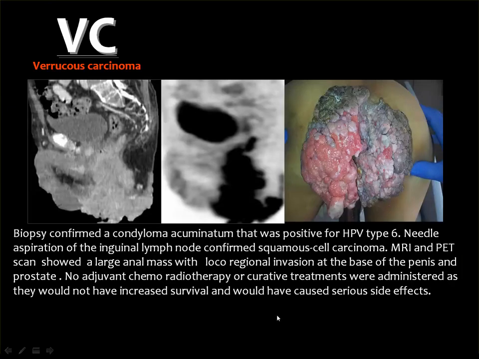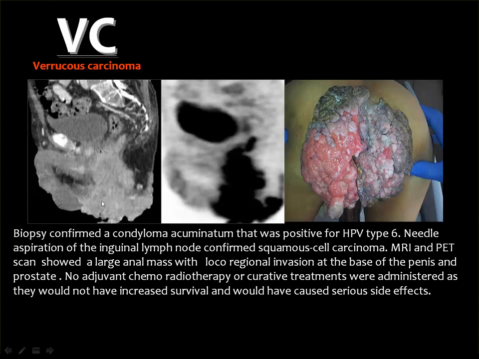And this is one of the huge verrucous carcinoma type, where you got a very big mass infiltrating the perianal area and then the gluteal region and also the root of the penis, and it extends deep in the pelvis, as you can see in this sagittal post-contrast CT scan.